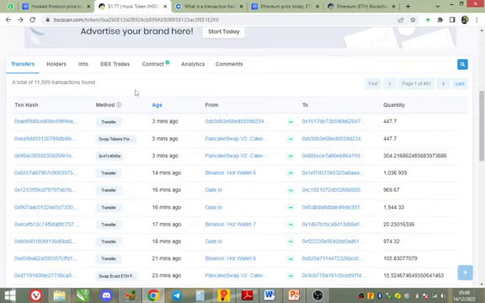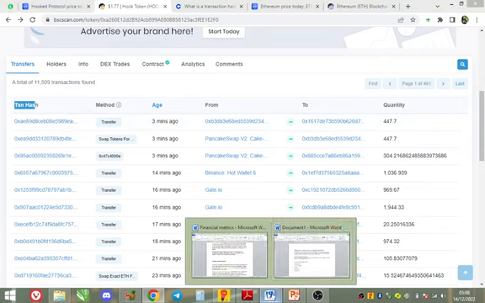Now I would like to explain this Txn hash. Txn hash just means transaction hash, or transaction ID.